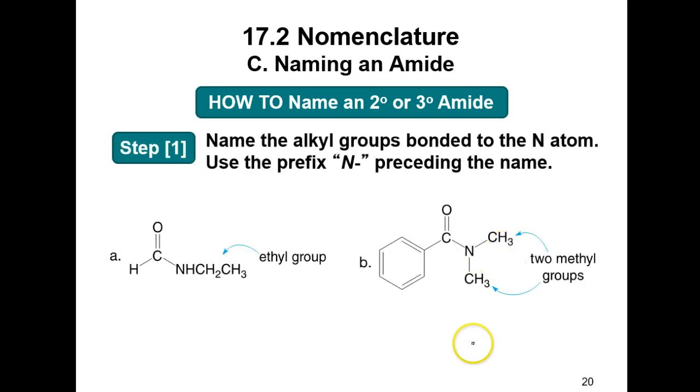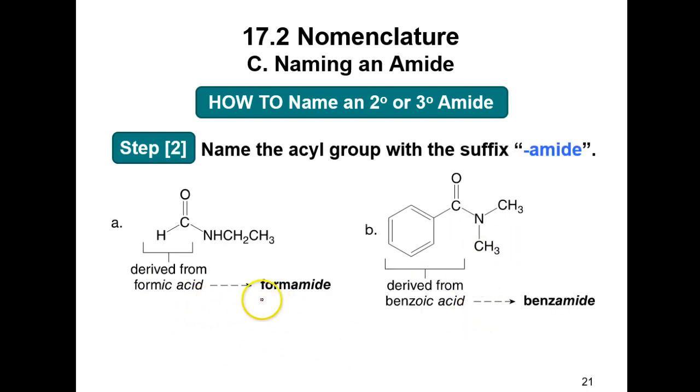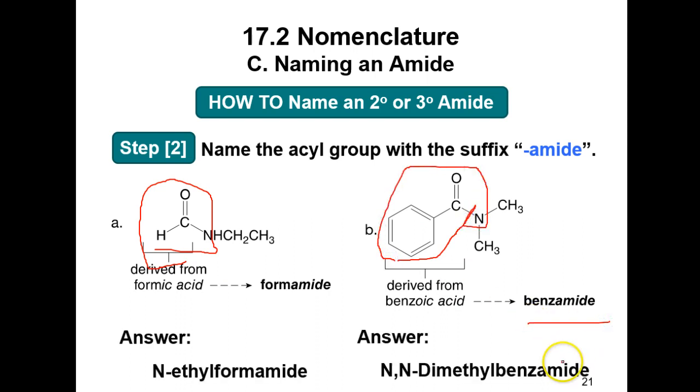benzamide. I'll show you the names as we go through the slides, but you see that this N, you have to write this N first. So I have an ethyl group, so N-ethyl. This would be N,N-dimethyl. This group is a formamide. Since this comes from benzoic acid, this is called benzamide.